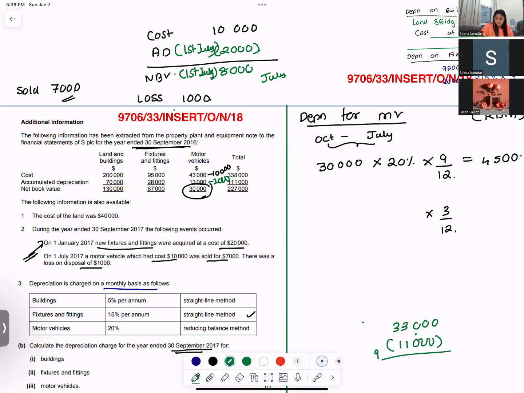So it will become how much? 22,000. Are you with me? So the remaining assets net book value is how much? 22,000, multiplied by 20%.